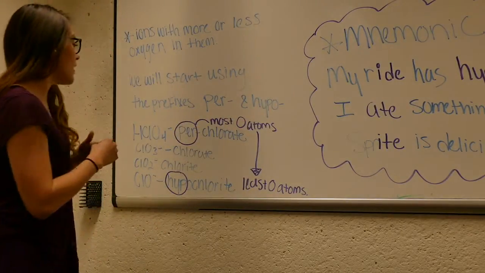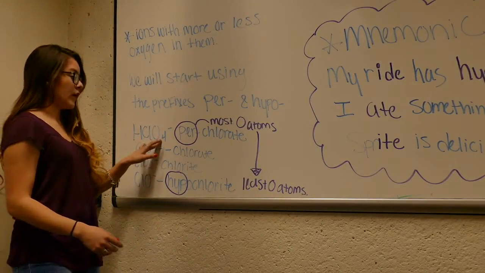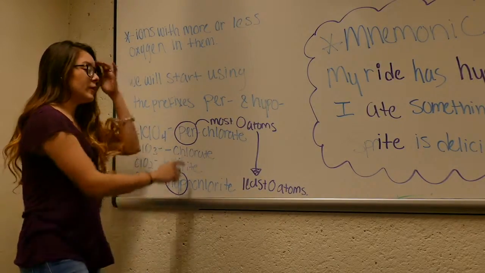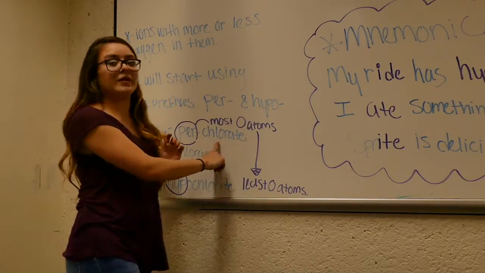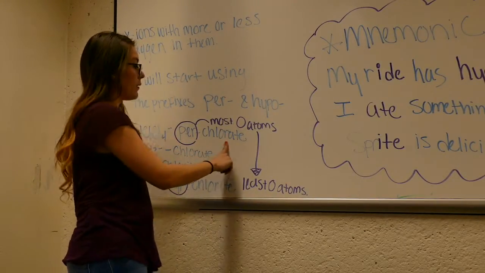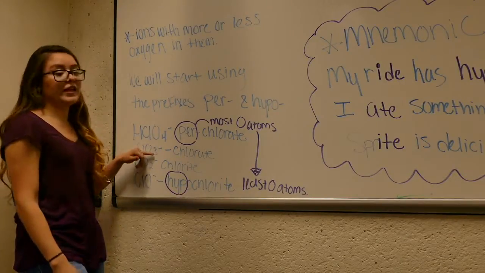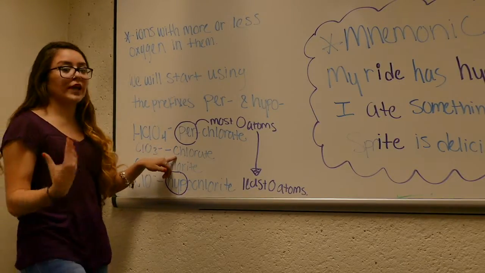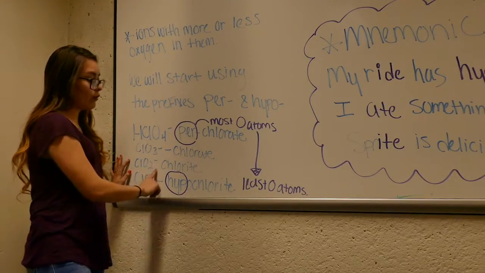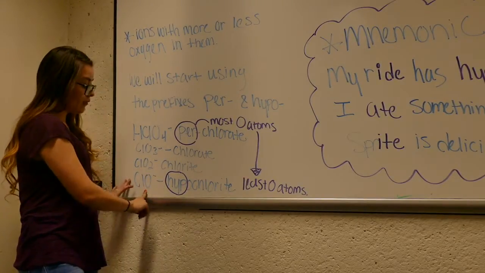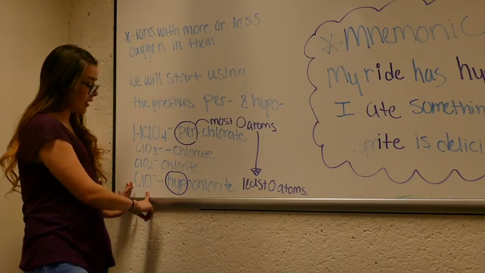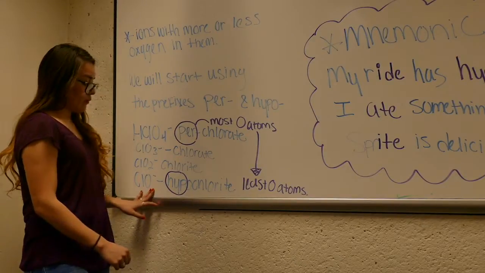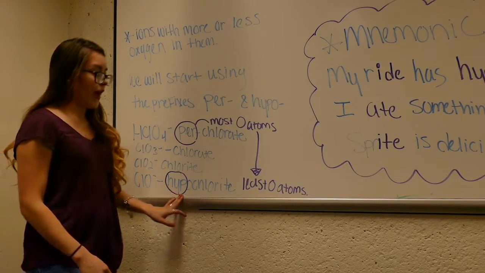So now that we're looking at HClO4, hydrogen chloride, it would be perchlorate because it has the most O atoms. And then we have ClO3, which would be chlorate. Then we have ClO2, which is chlorite. And then we get to the atom that has the least amount of oxygen. And it would be ClO minus, which would be hypochlorite.